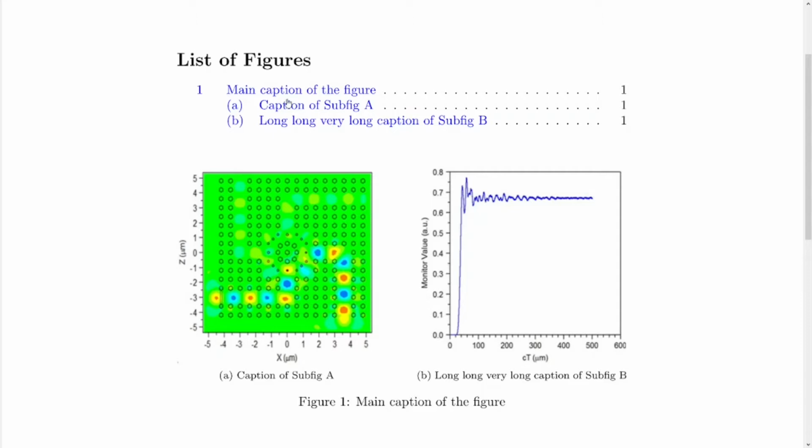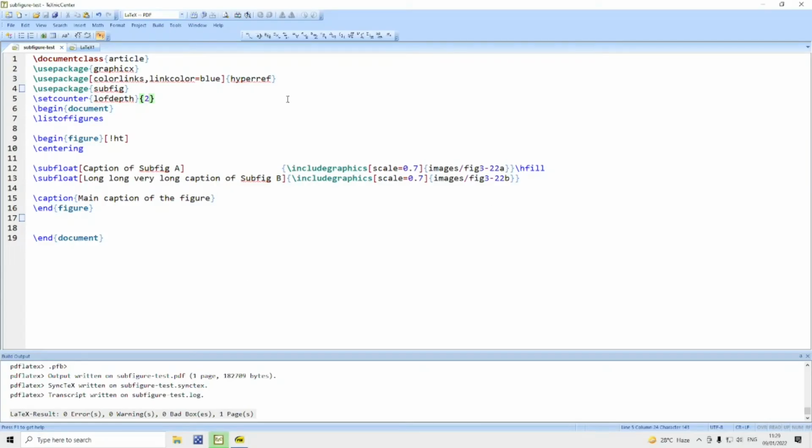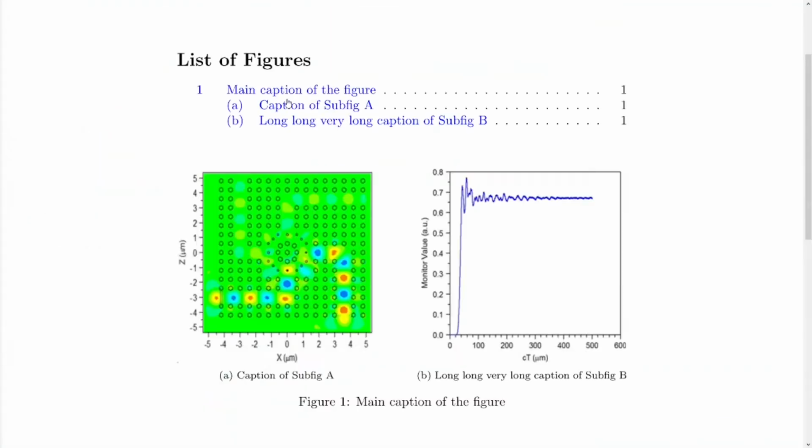Now, in this particular case, the images of subfigure A and subfigure B are of same size. You don't face any problem in such cases. Suppose you have a second subfigure which is small in size. Let us say I scale it by 0.3.